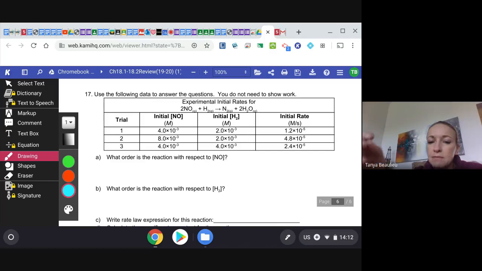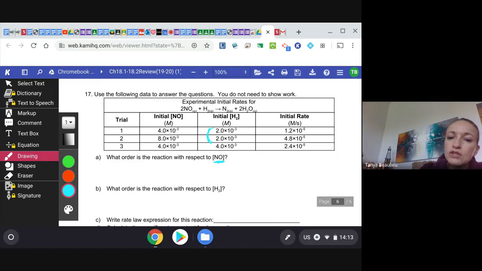A very common mistake I see is that students are not making sure the other substance is constant when they are calculating order. So what I mean by that is, the first one I'm looking at is NO. Now, if I'm going to look at NO's data, I have to make sure that hydrogen is constant during that time. So the rate is changing only because I'm changing NO, or nitrogen monoxide there.